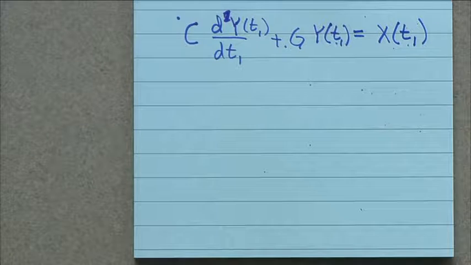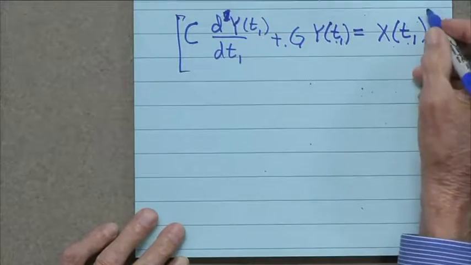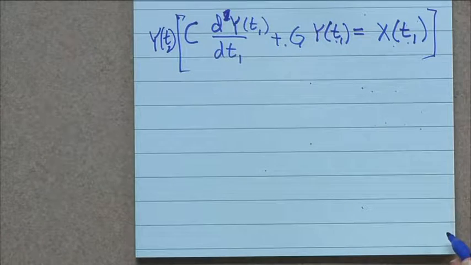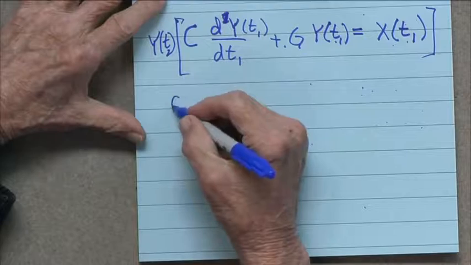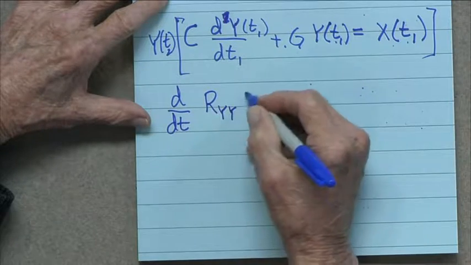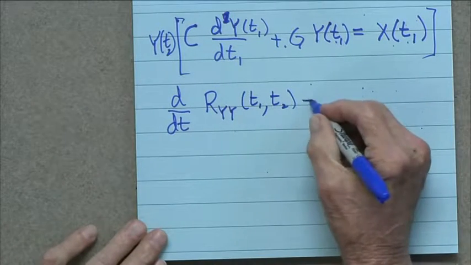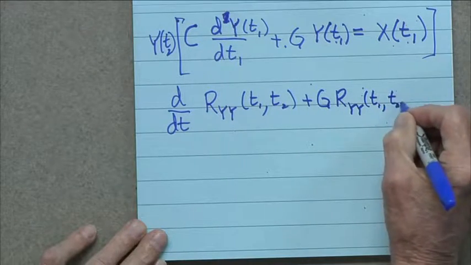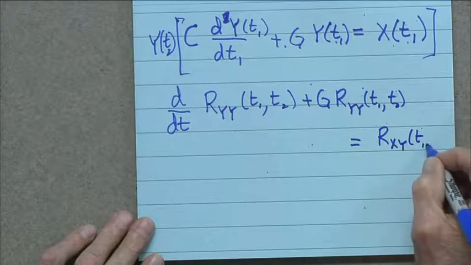And now I'm going to multiply by y of T2. So we have C d/dT1 of R_YY(T1, T2) plus G R_YY(T1, T2) is equal to R_XY(T1, T2).